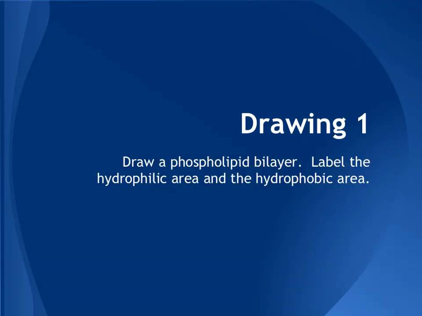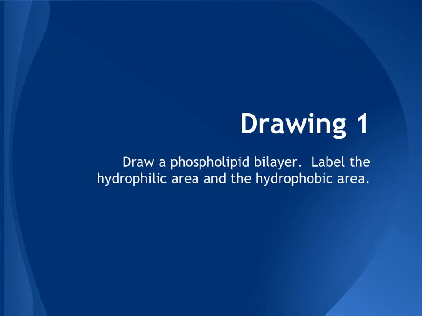So to quickly reflect again on what we've just talked about, I ask that you draw a phospholipid bilayer. In this class in particular, when we talk about mechanisms, when we talk about structures that we may or may not be able to physically see, it's important for us to be able to draw these structures.